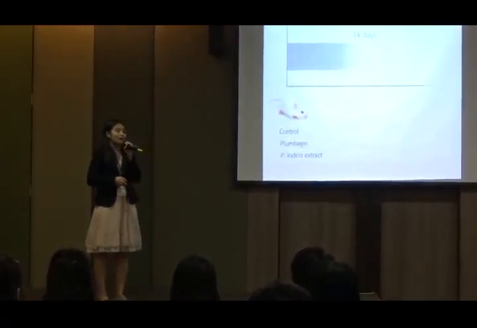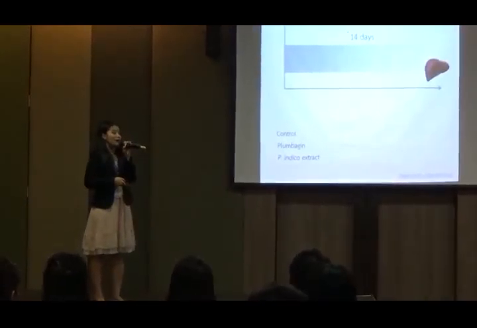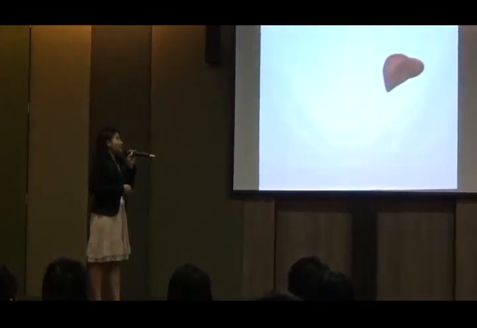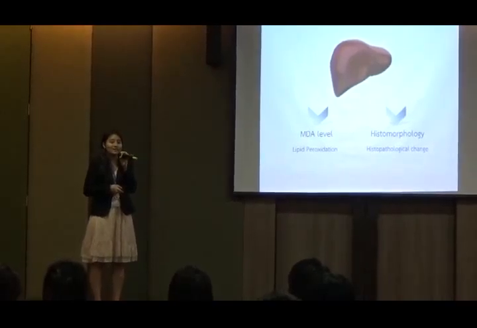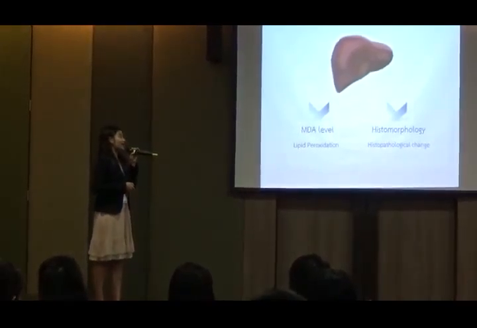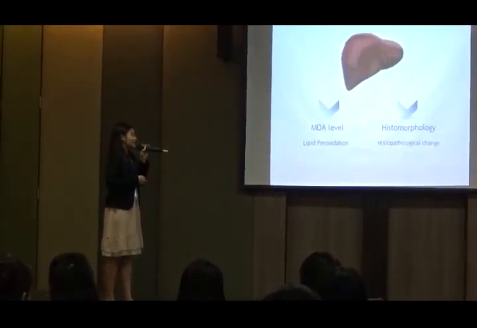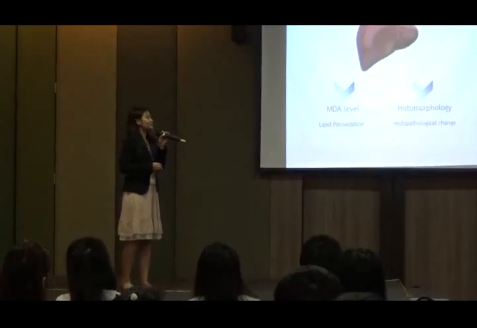All groups were treated daily for 14 days, and then the mice were sacrificed and the livers were collected. These livers were evaluated for MDA formation to assess lipid peroxidation and examined histomorphologically to assess histopathological change under a light microscope.